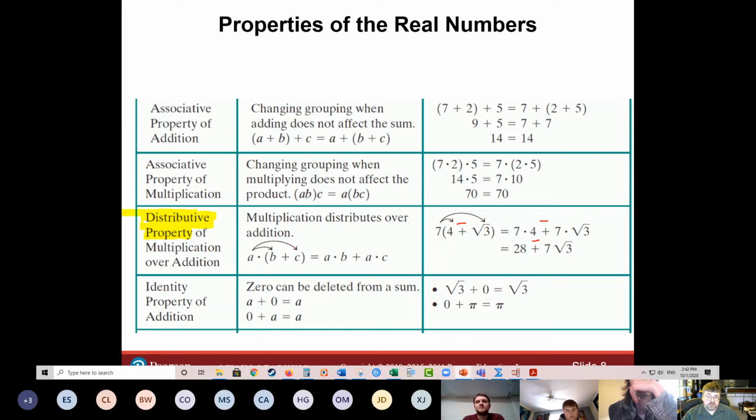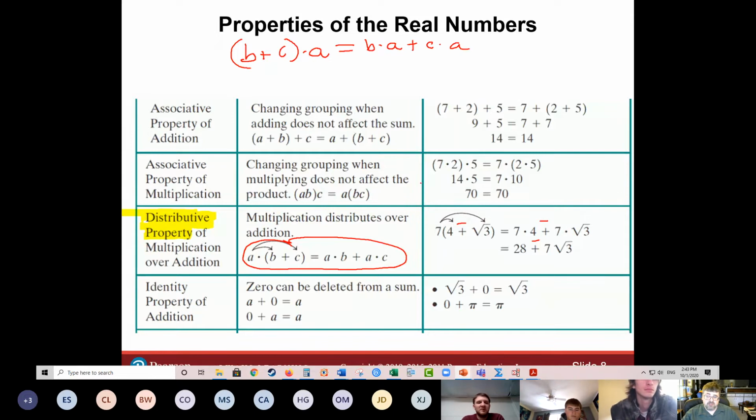It also works backwards, and the backwards one actually does have a different name that I don't remember right now. But we could also say that B plus C, times A, equals B times A plus C times A. So it can also go in this order, and obviously this equal sign means it works either way.